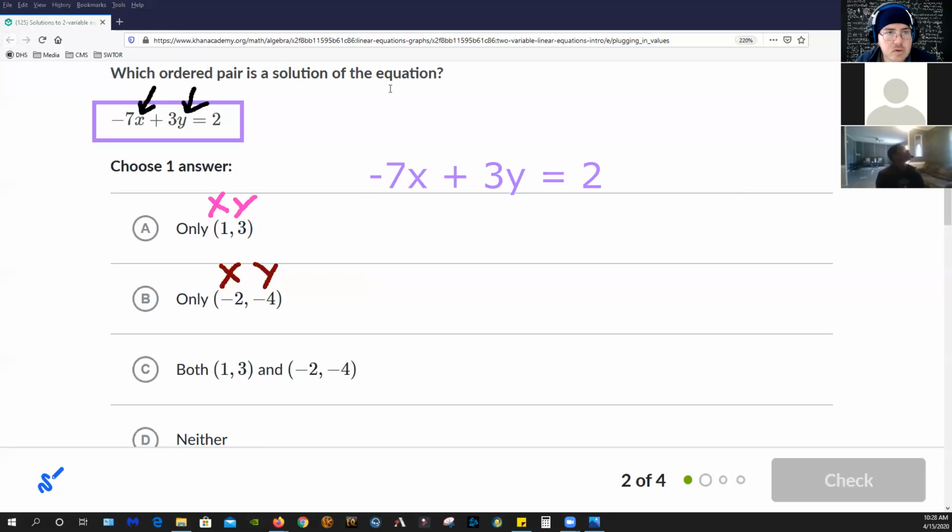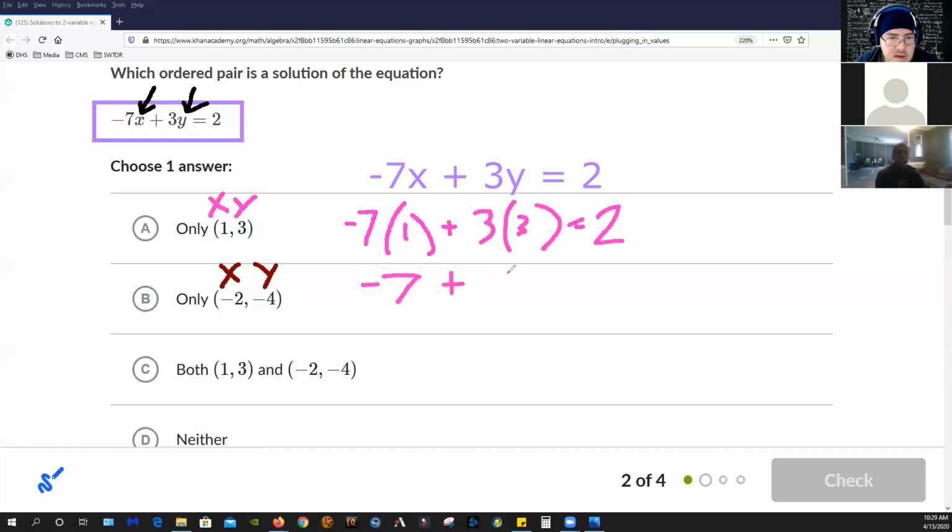Step two, substitute the x and the y from part A. Okay, so that'd be negative 7 times x, which is 1, plus 3y, so that'd be 3 times the y value, which is a 3, is equal to 2. Well, negative 7 times 1 is negative 7. 3 times 3 is 9. Negative 7 plus 9 is the same as 9 minus 7. And yeah, that comes out to be true.